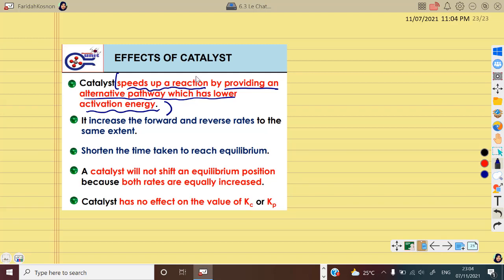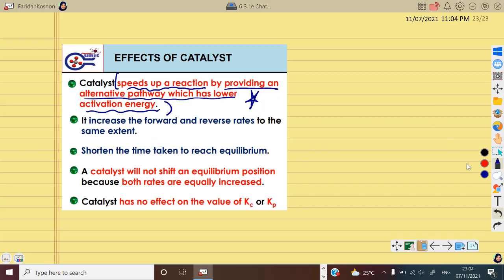So kalau ditanya what is the function of catalyst, ini jawapan yang tepat. Okay. So catalyst ni dia hanya mempercepatkan kadar tindak balas dengan laluan alternatif yang mana mempunyai tenaga pengaktifan yang lebih rendah. So it increases the forward and reverse rates to the same extent.